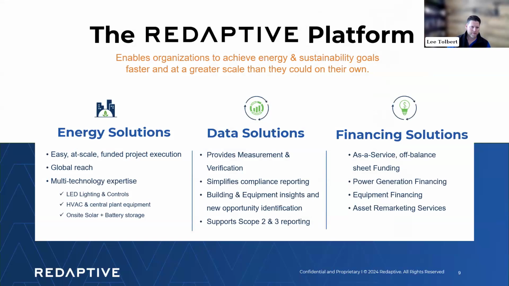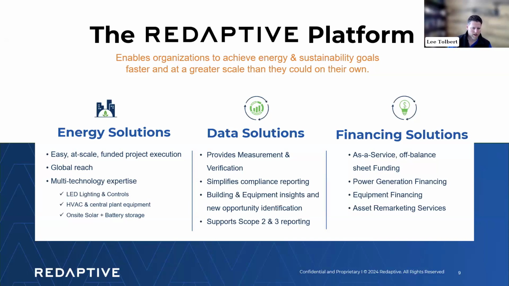So Redaptive is a full turnkey energy as a service provider, right? And our platform consists of three major areas that try to address the three primary needs that we see across the industry, which is capital, that was brought up earlier, resources, so people and knowledge, and data in order to verify the outcomes.